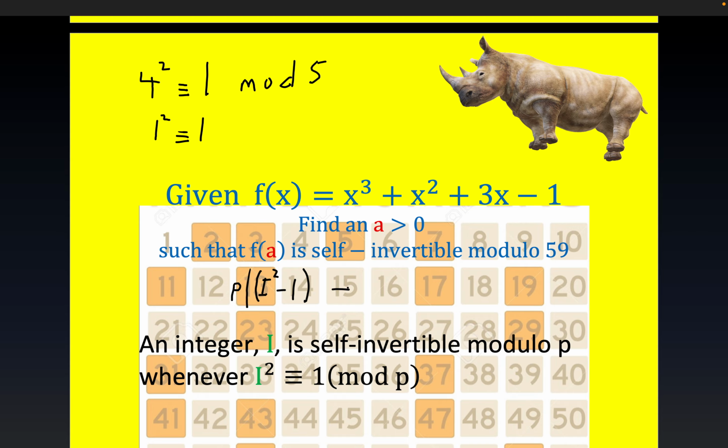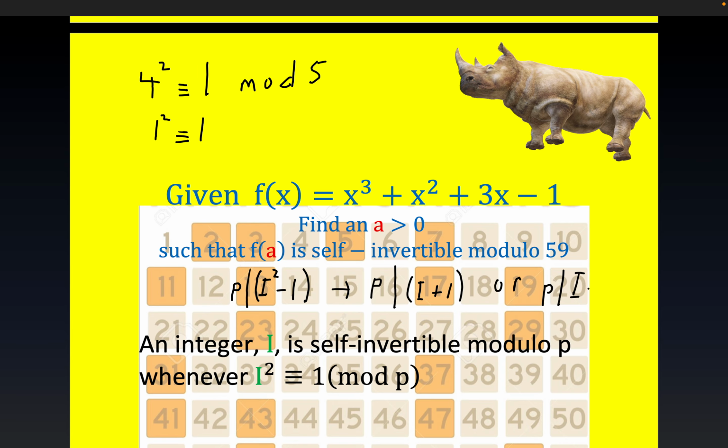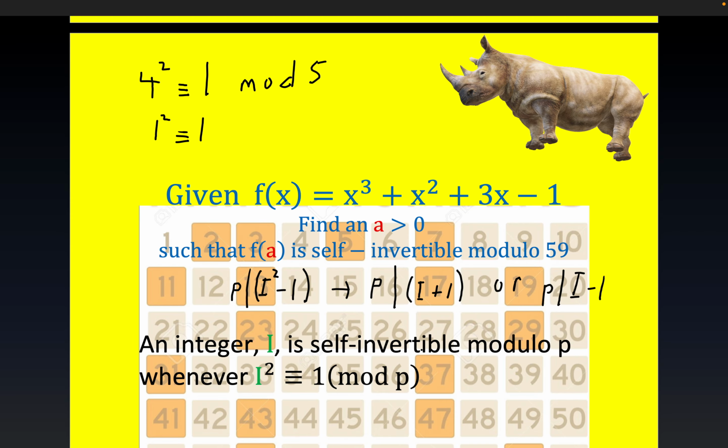But notice this is equivalent to p divides either I plus 1, just using the difference of two squares result, or p divides I minus 1. Okay? So that helps us along in the rest of the problem here.